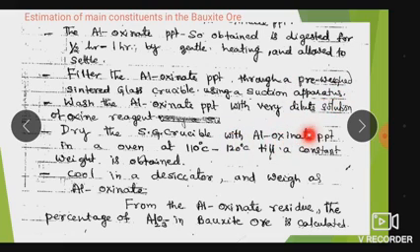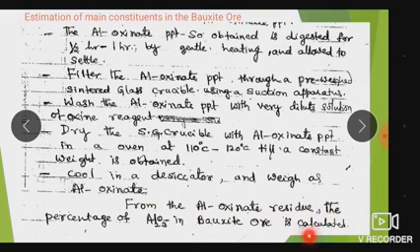Wash the oxinate precipitate with a very dilute solution of oxine reagent. Dry the sintered glass crucible with the aluminum oxinate precipitate in an oven at 110 to 120 degrees Celsius till a constant weight is obtained. Cool in a desiccator and weigh as aluminum oxinate.